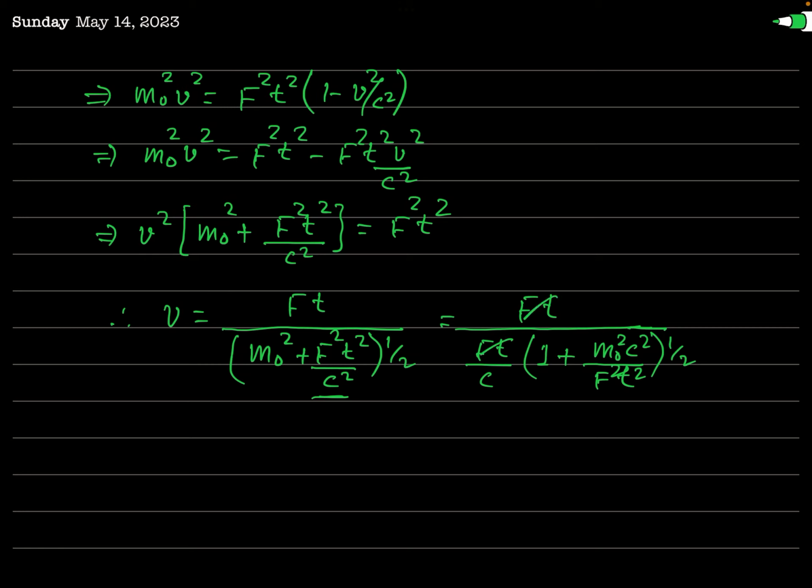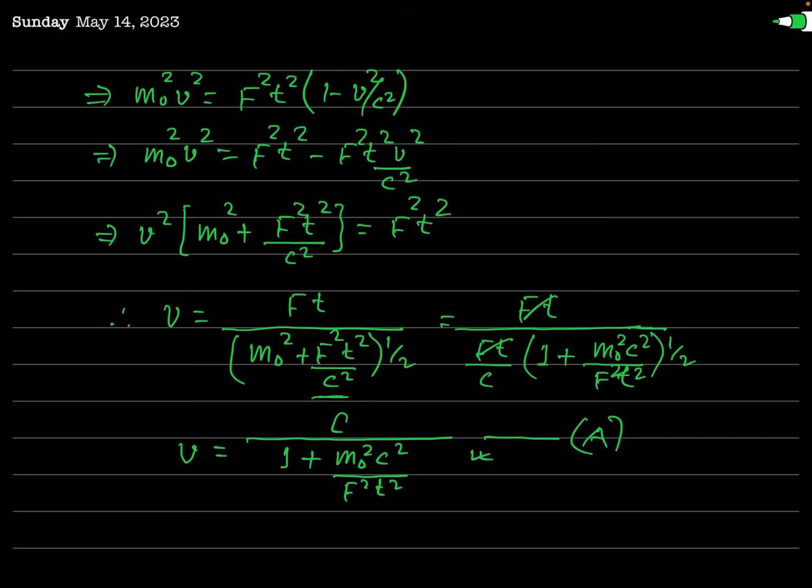And so this ft and this ft will cancel out, and v will be c over the square root of 1 plus m naught square c square over f square t square. This is our result. So at any time t, the speed acquired by this relativistic particle is equal to this much.